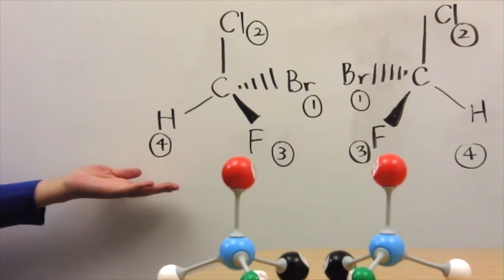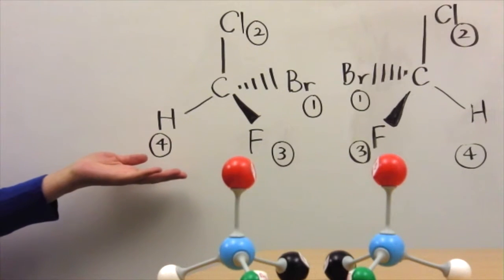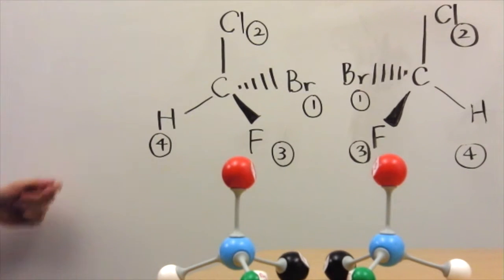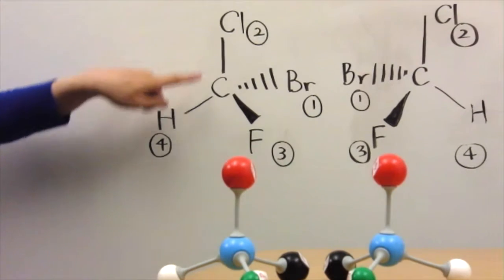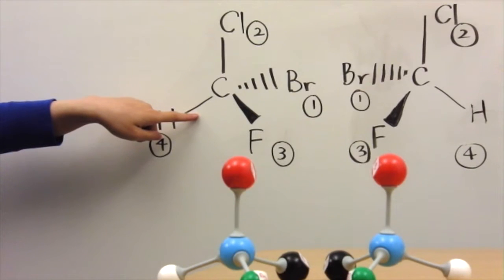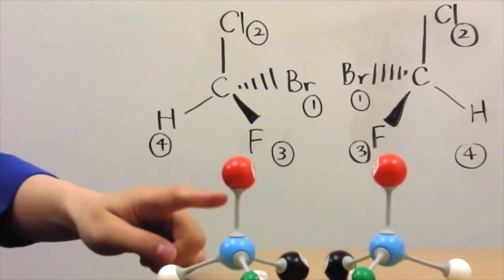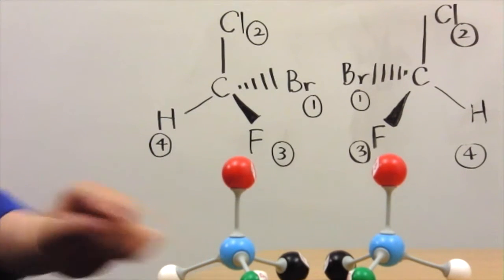Conventionally, we use this wedge and dash notation to represent these two molecules. Conventionally, we use this black solid line to represent functional groups that are on the plane of this board, just like this and this.